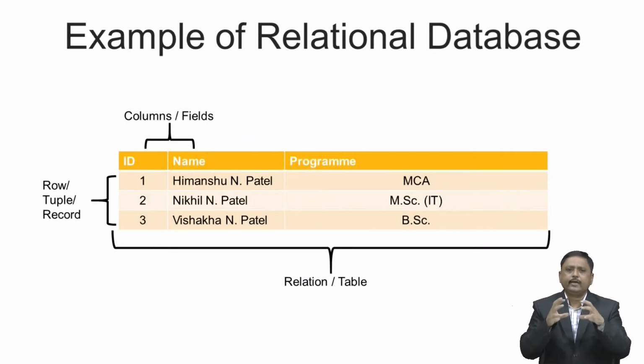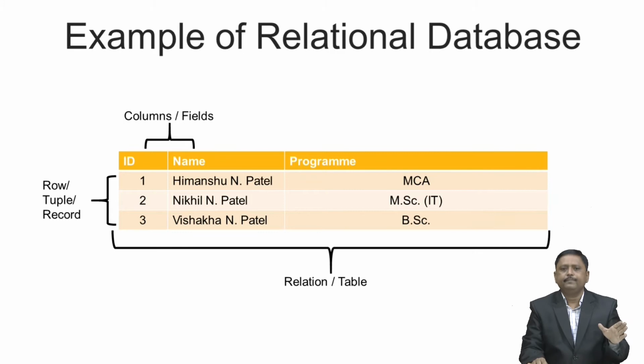Now let us take example of relational database. Relational database stores data in form of relation. Now what is relation? For example, I want to store user information or student information, then I can define table something like this. So it includes three information.